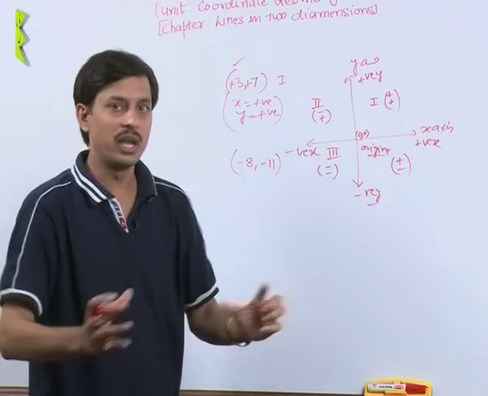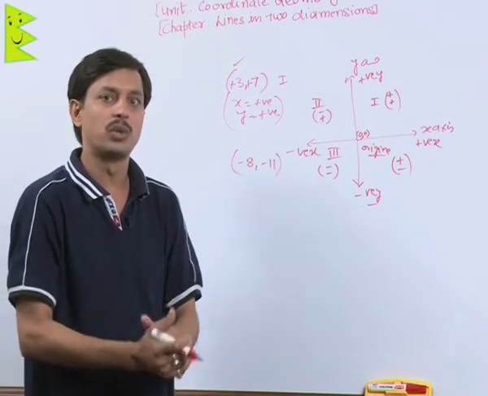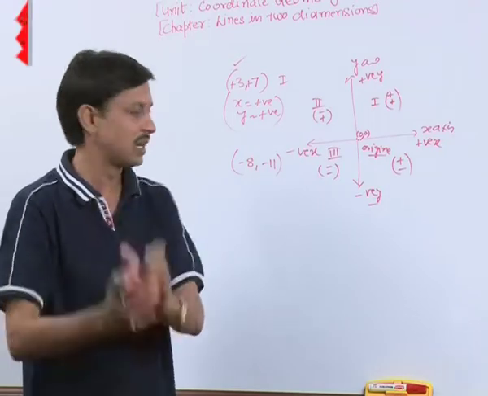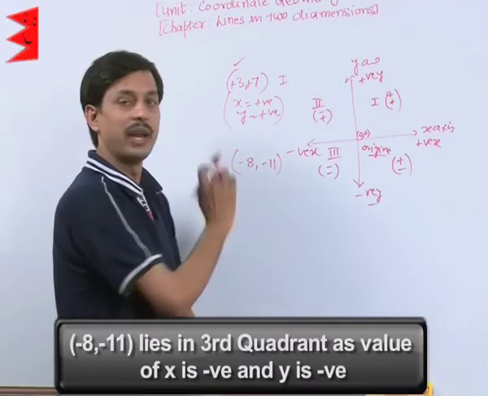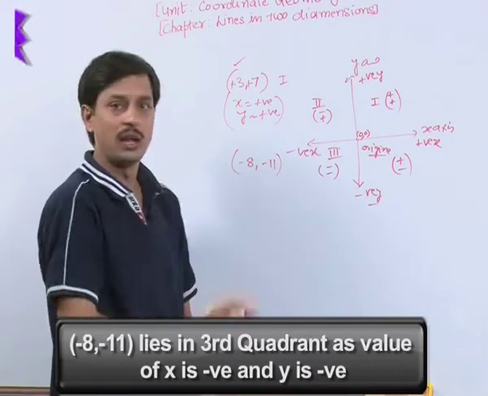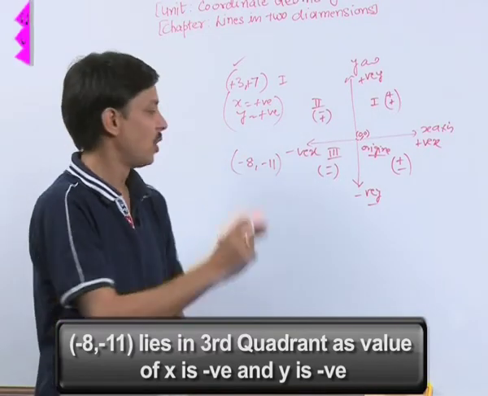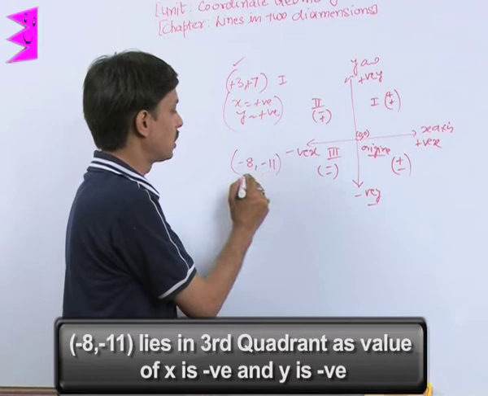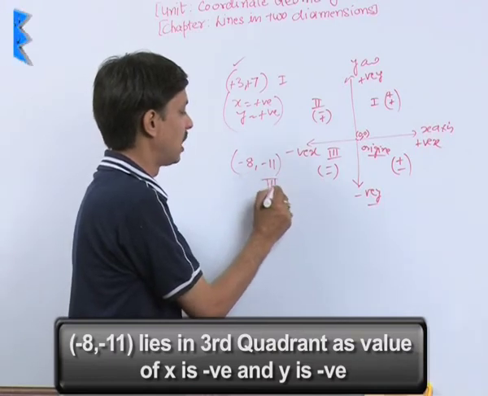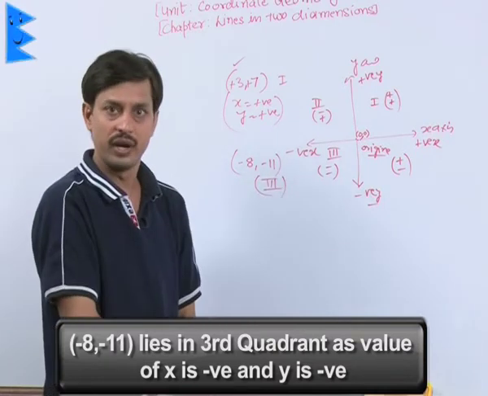We should not worry about the numerical value. We must observe the sign. X is negative, y is negative. Abscissa is negative, ordinate is negative. Both are negative, so this point lies in the third quadrant.